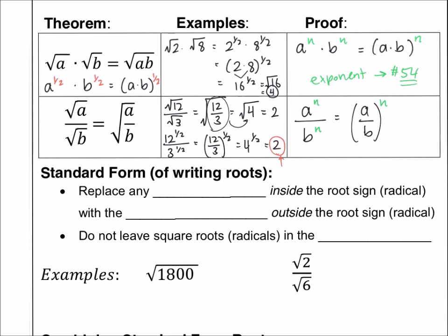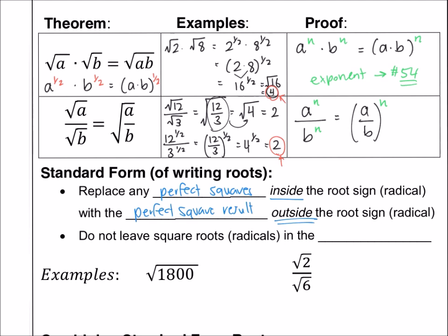Now, not all exponents and radicals can be conveniently simplified to just a whole number like we did here with 2 and we did here with 4. That doesn't happen often. So the way we quote-unquote simplify radicals, the simplest form of writing roots, is to replace any perfect squares inside the root sign with the perfect square result outside the root sign.